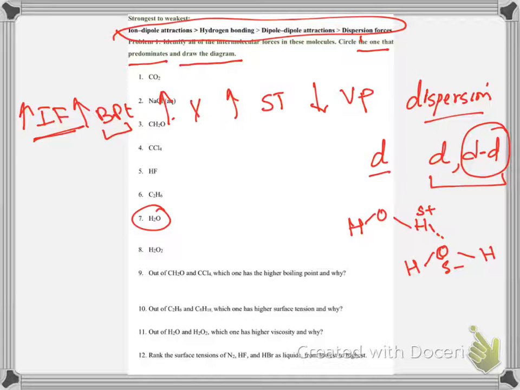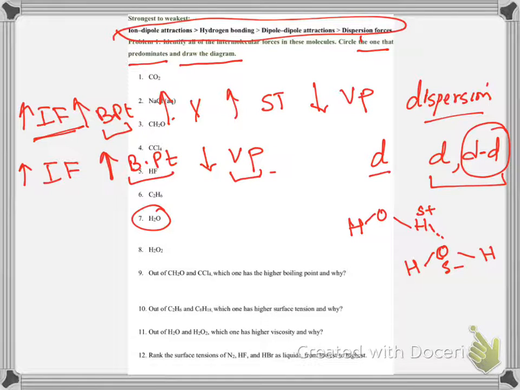So again, strong intermolecular forces means higher boiling point. And if a molecule has a higher boiling point, means it has a lower vapor pressure. Because if a boiling point is high, means you cannot change it into vapors, and vapor pressure will be lower.